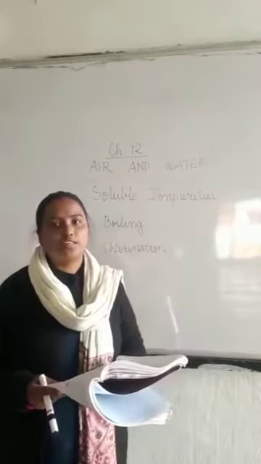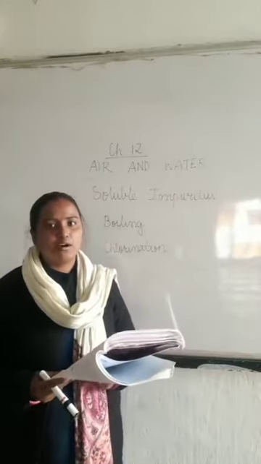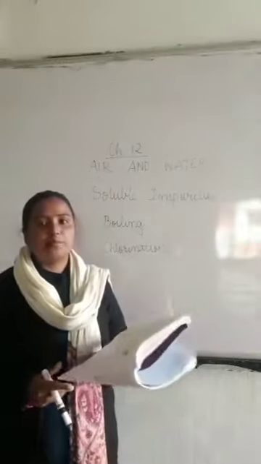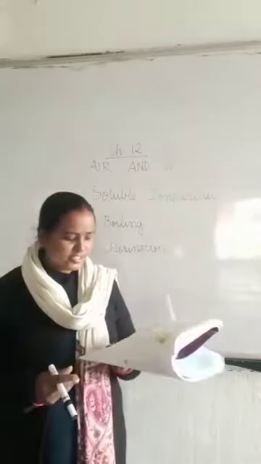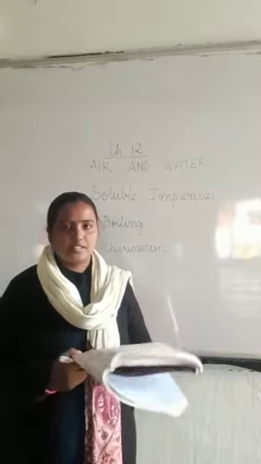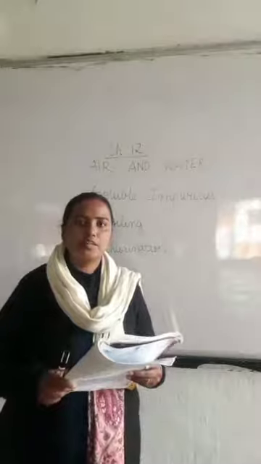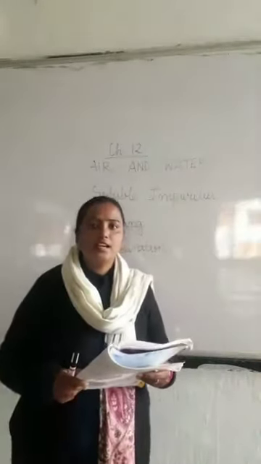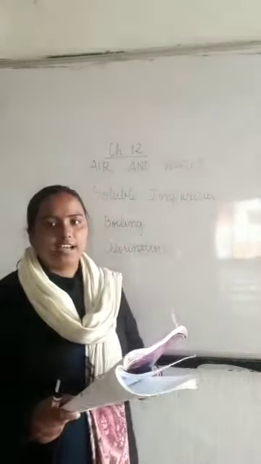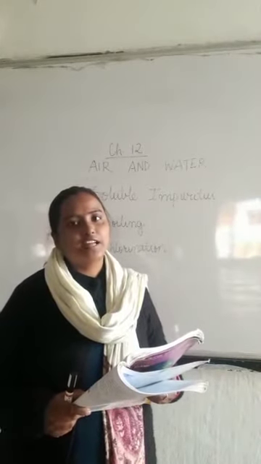What does the boiling do? Boiling kills most of the germs present in water, and the second thing that boiling does, it converts the soluble substances into insoluble substances. And then, as all of you know, we can very easily remove the insoluble substances from the water, as I have told you, by the process of sedimentation and decantation and filtration.